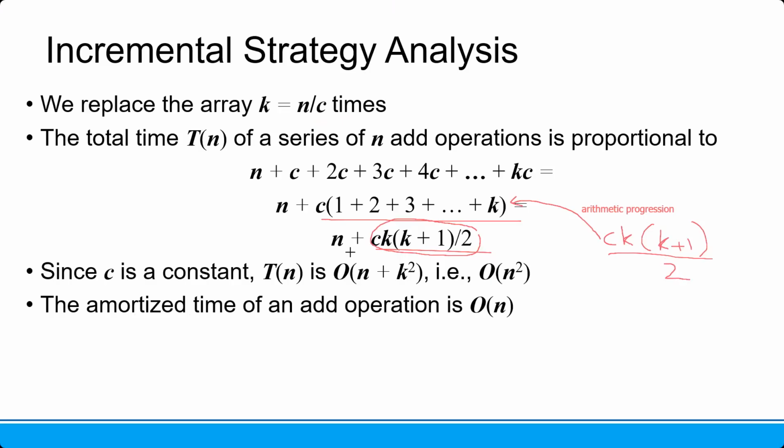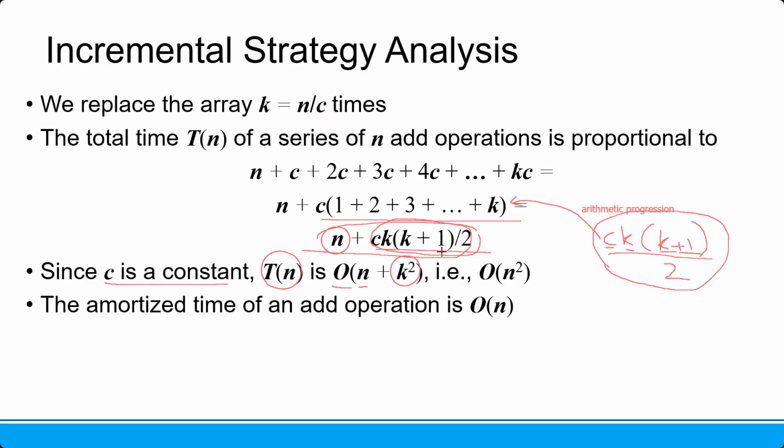Now we can check this one: c multiplied by k multiplied by k plus 1. Using this formula, if c is constant, then the operation time for this incremental strategy is O of n plus k to the power of 2.